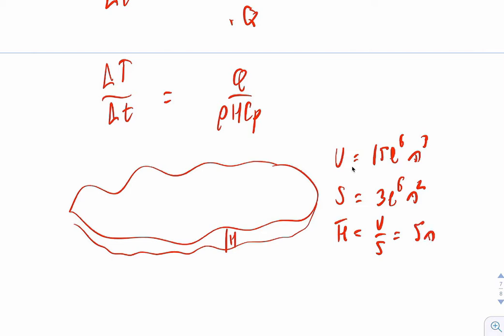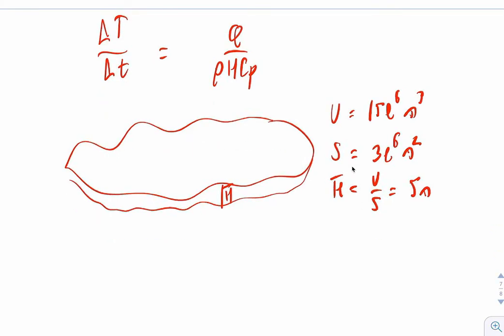It's the average depth of Clark's Cove. And so I might ask the question, what heat flux is required to raise the temperature of Clark's Cove by 1 degree Kelvin in 1 day?